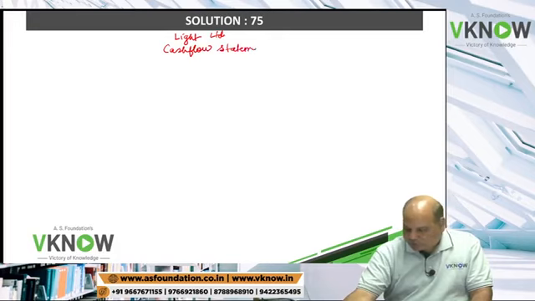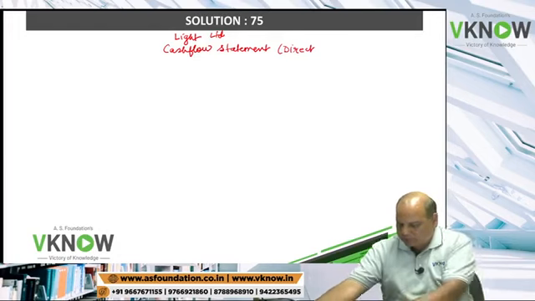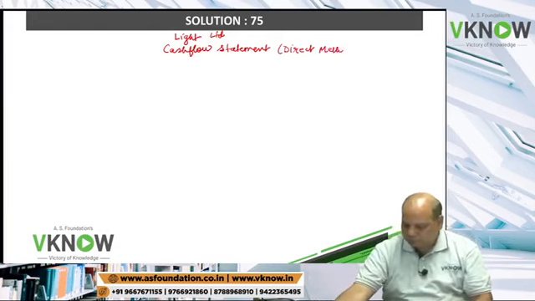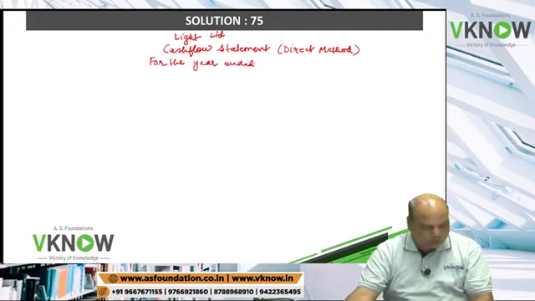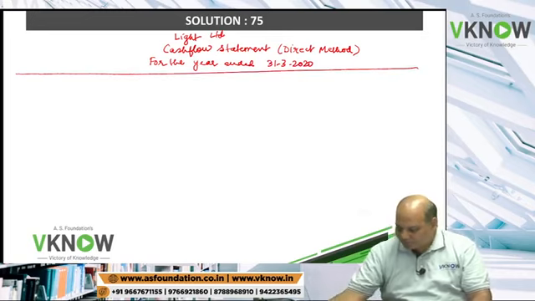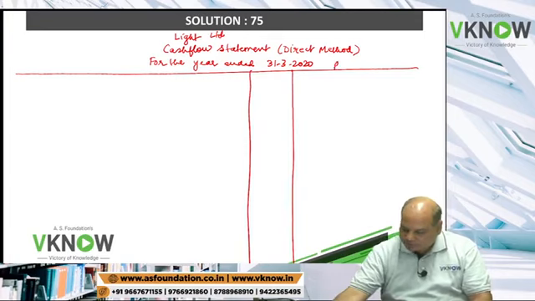Cash flow statement (direct method) for the year ended 31st March 2020. Do you remember the year 2020? You were at your home. Rupees in thousand.